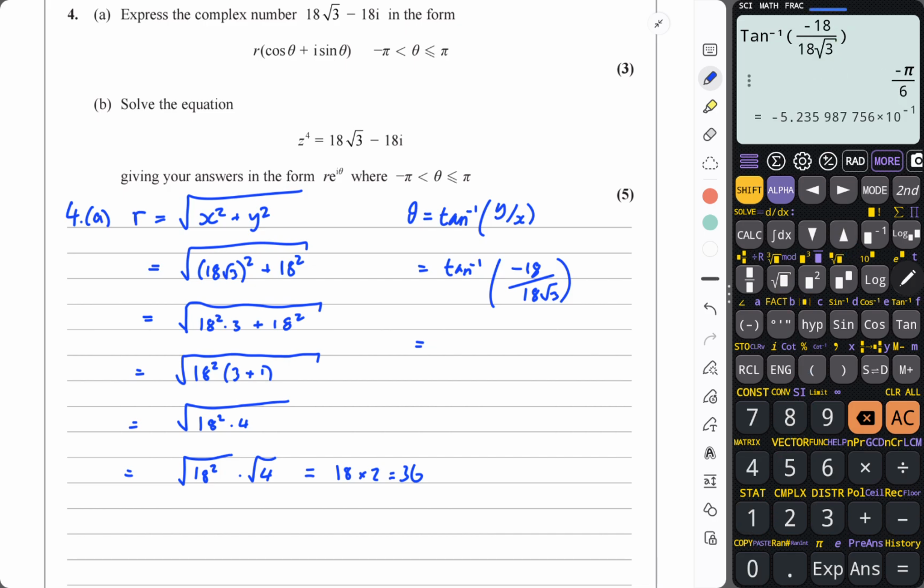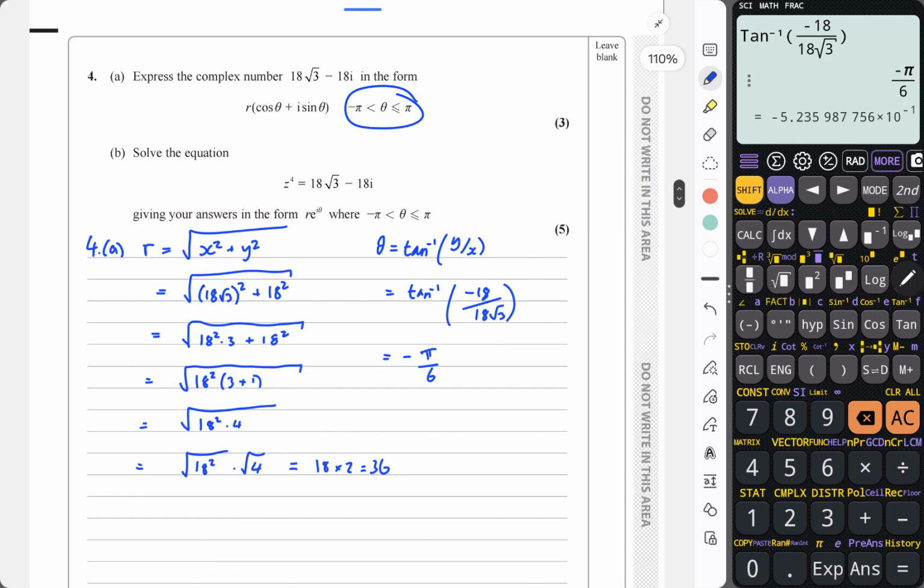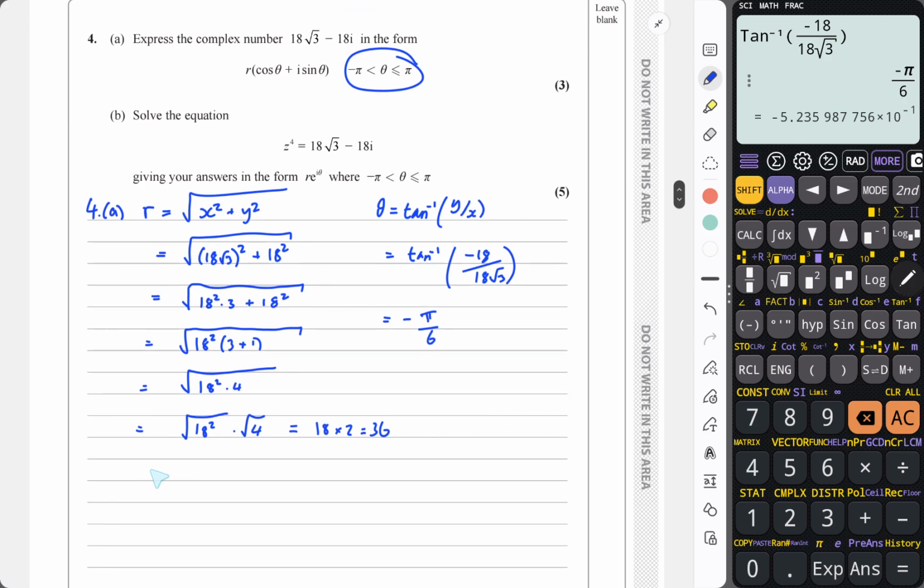I could have cancelled the 18s, and I get minus pi over 6. And that's in between minus pi and pi. So 18 root 3 minus 18i is equal to 36 times (cos minus pi over 6 plus i sin minus pi over 6).